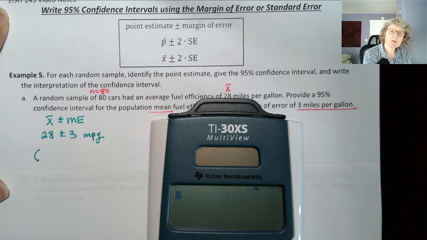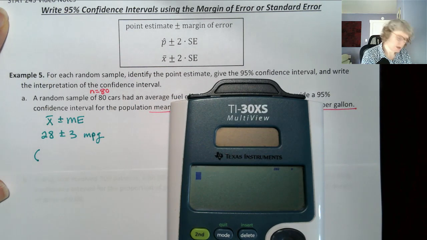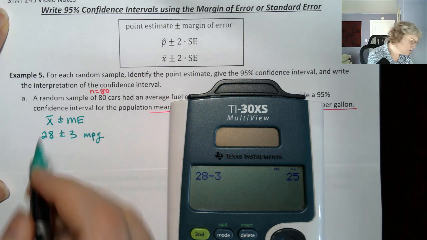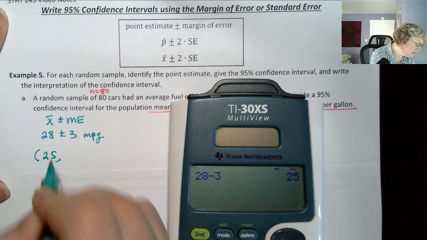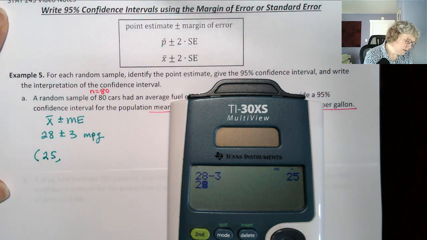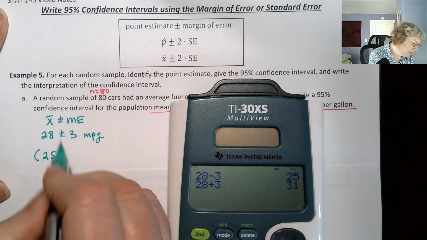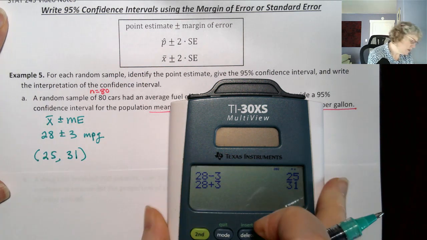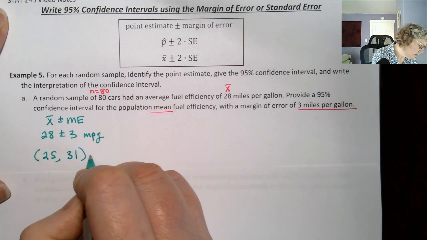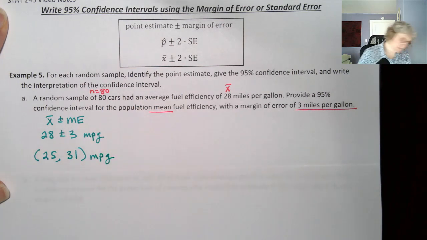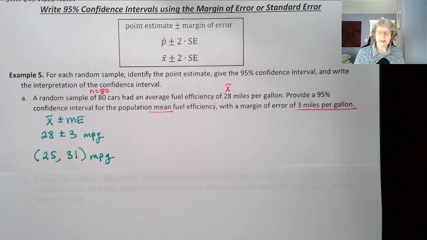You can go right to the parentheses if you want, but I'm going to show it: 28 minus 3 on my calculator, so that's 25, comma, 28 plus 3, or do it in your head, 31 miles per gallon.